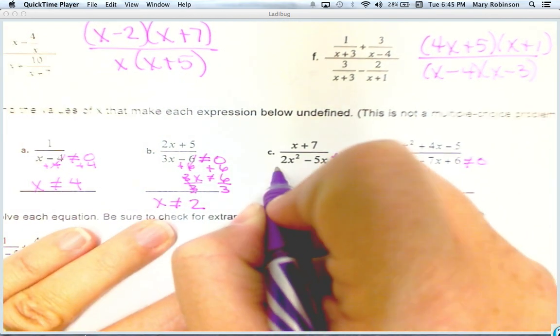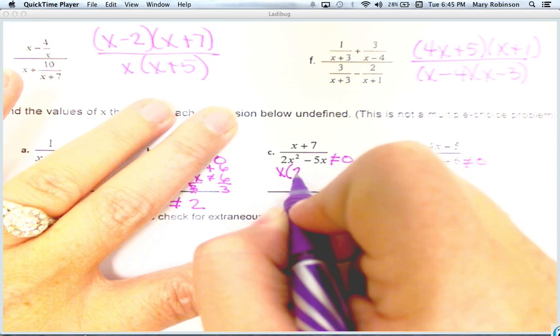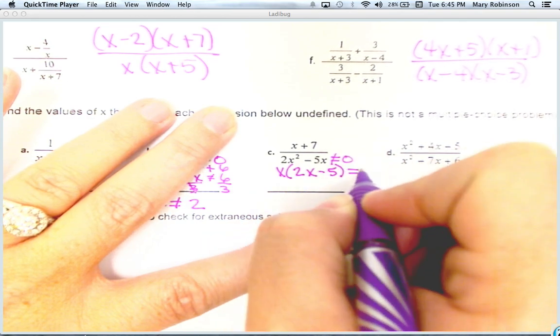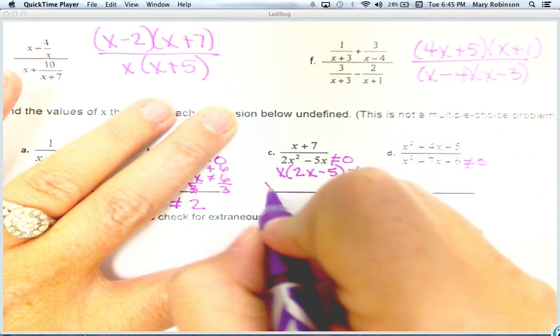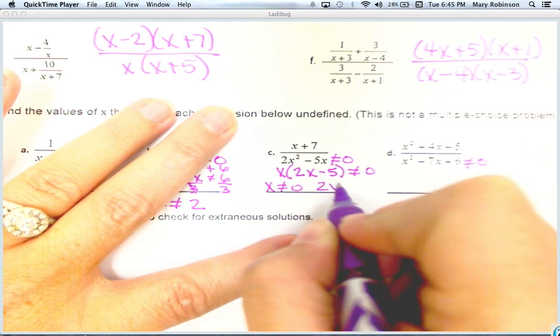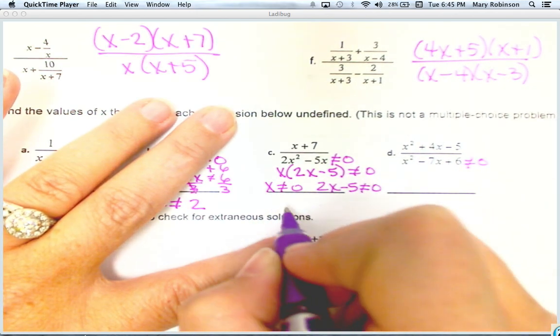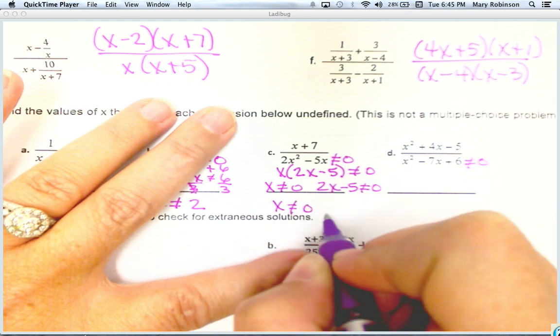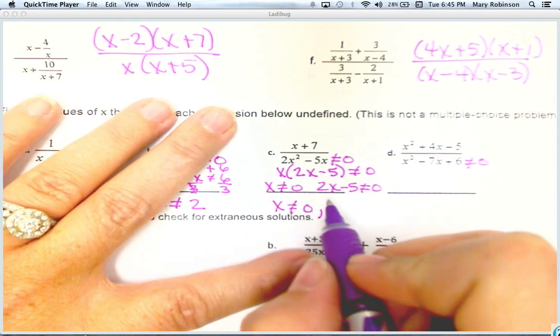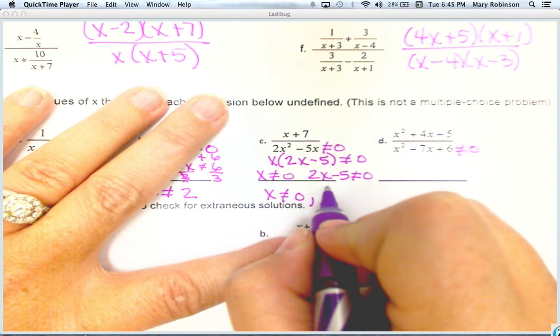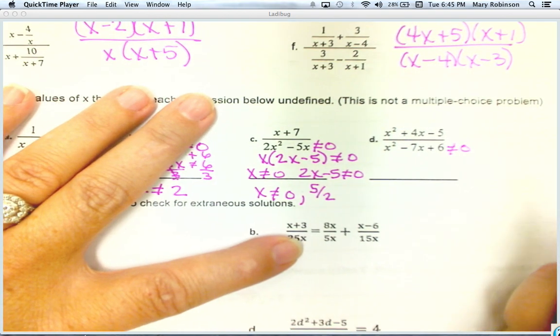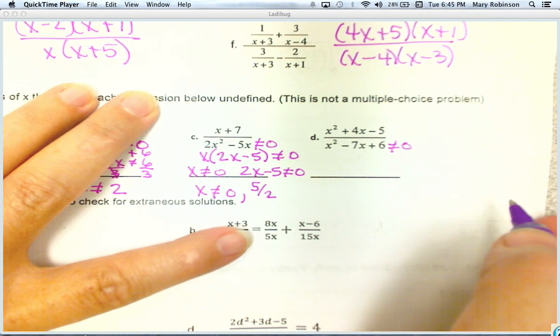For C, you're going to have to factor out a GCF of x. Set each factor equal to 0, so x cannot equal 0, and 2x minus 5 cannot equal 0. Please understand that all you have to do is add 5 and divide by 2, so x cannot be 0 or 5 halves.